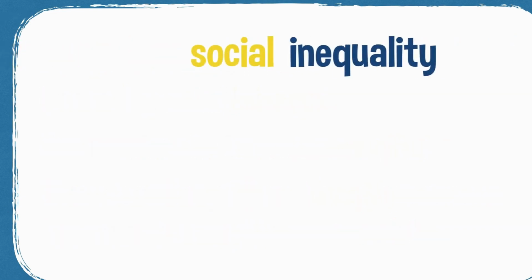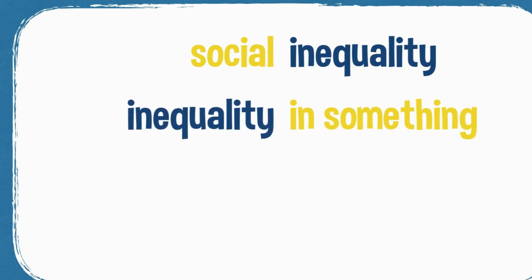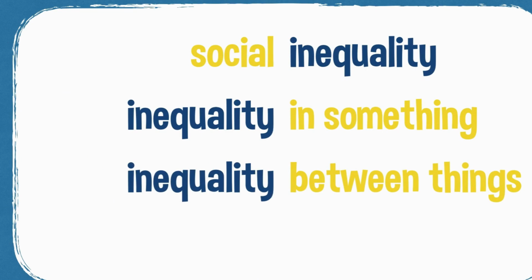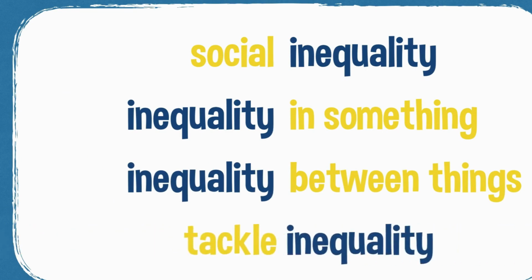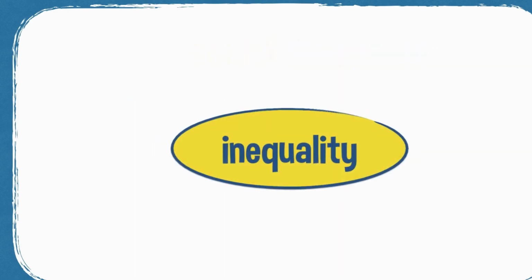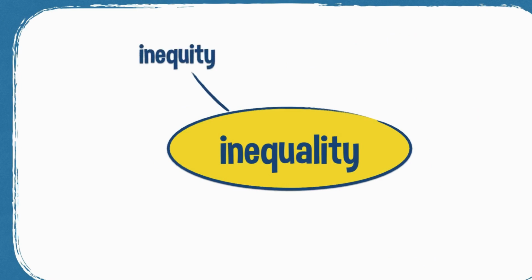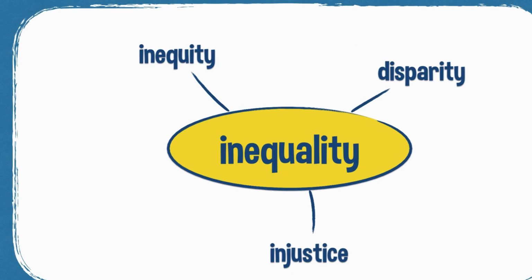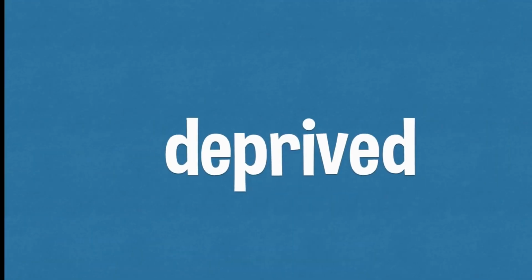So we can have social inequality, inequality in something, inequality between things, and if you want to get rid of inequality, you can tackle inequality. And some synonyms for the word: inequity, injustice, disparity. So disparity between different social groups.